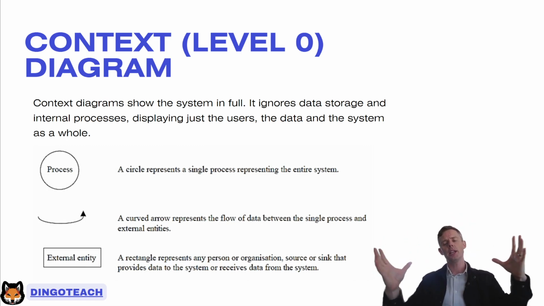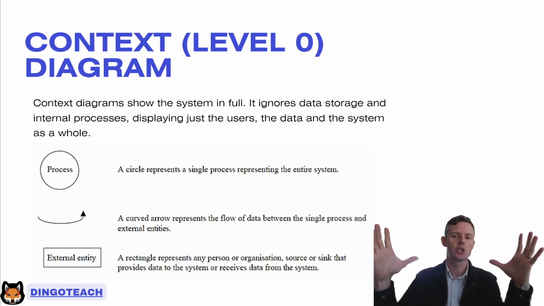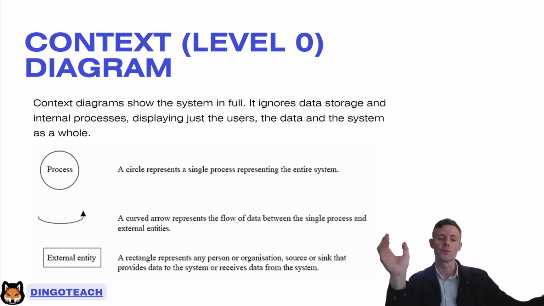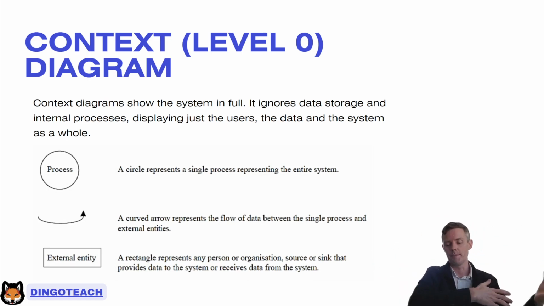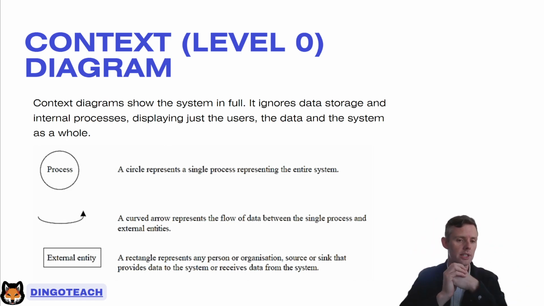Again, this is a little bit like the IPO diagram in terms of it is big picture stuff. It shows the users who are going to use our program. It shows our program in the middle, and it shows how the data goes from one place to another. Okay, and we'll look at some examples in a second, but I want to introduce you to the icons of our level 0 or context diagram.